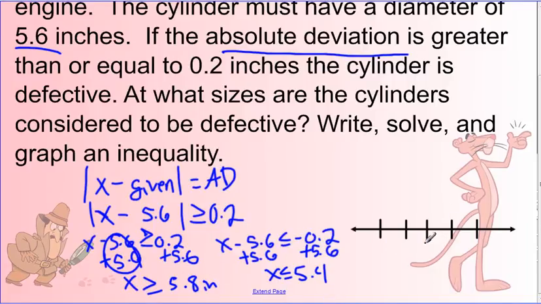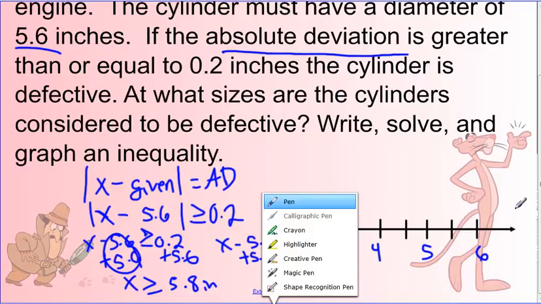Let's graph this thing. Now we're going to use 5 in the middle. And then we'll do 6 here and 4 there. Sure, why not? Yeah, that'll still work.